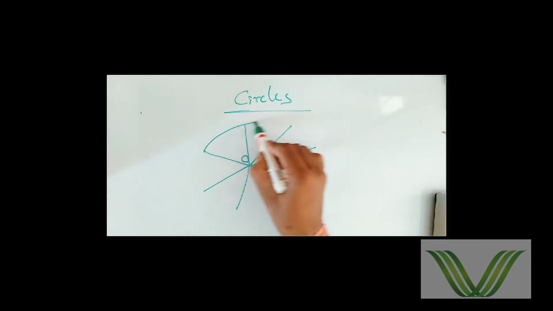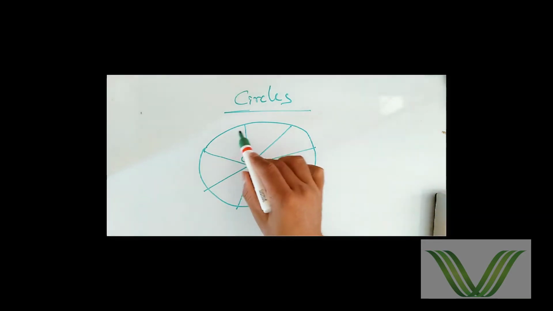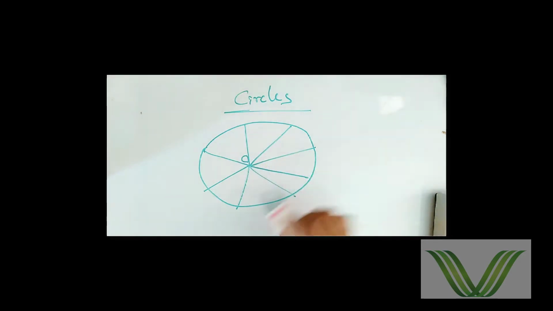So when I join all the points, I'll get a certain figure which is nothing but a circle, right? So this was some point to keep in mind of a circle.